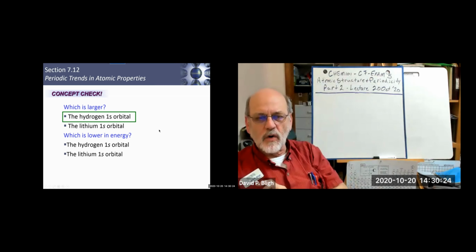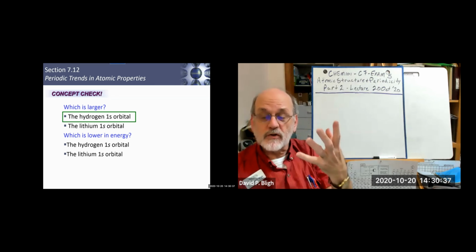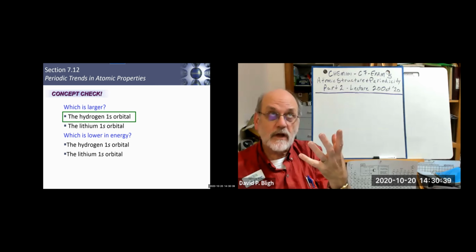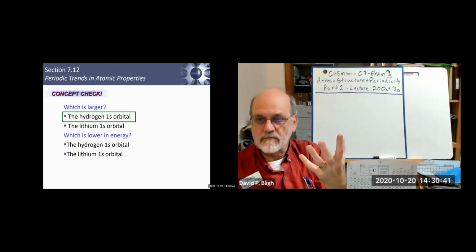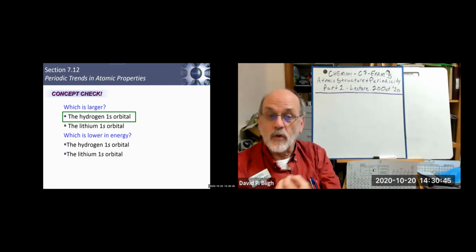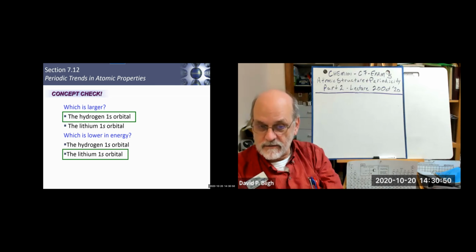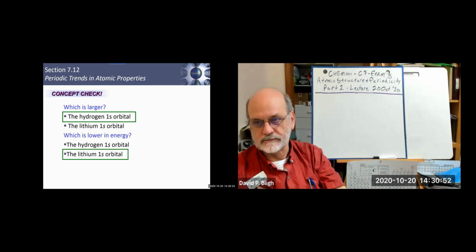Which is lower in energy? Lower in energy refers to which one houses electrons closer to the nucleus. The larger orbital puts your electrons farther from the nucleus, so the smaller orbital will bring them closer to the nucleus, which would be lower energy. So lithium should have the lower energy 1s orbital. Okay?